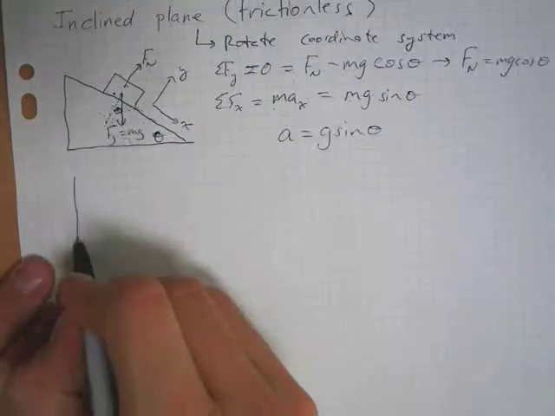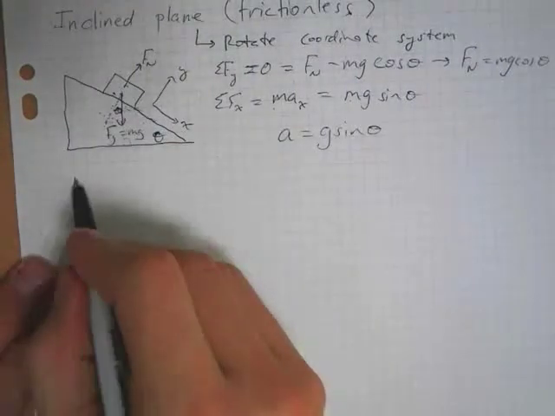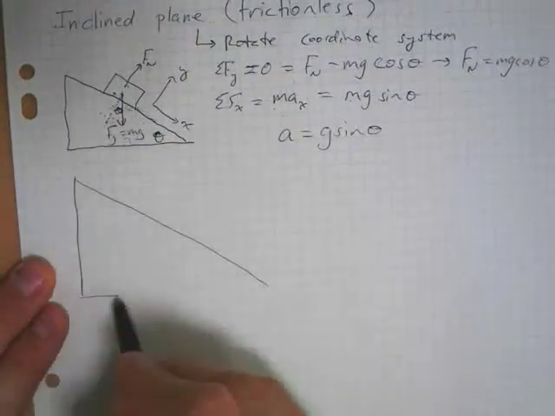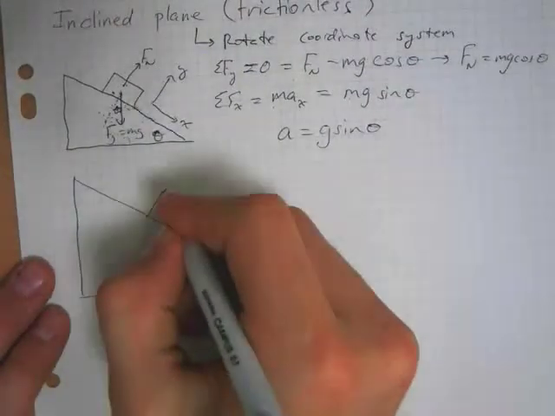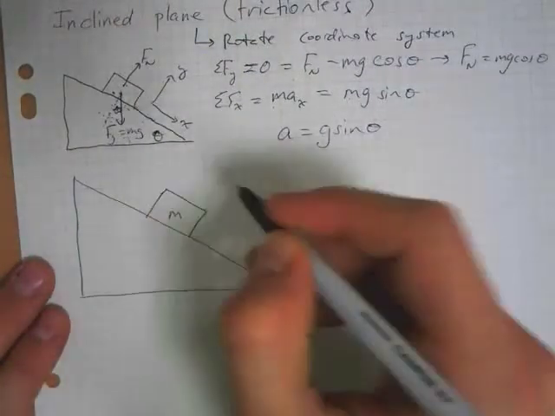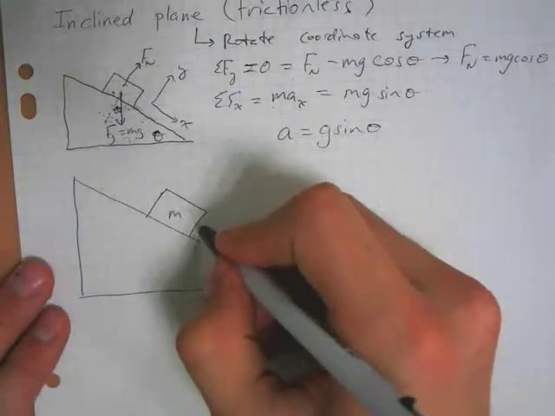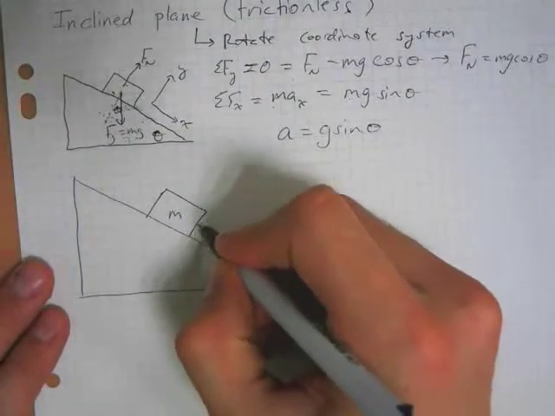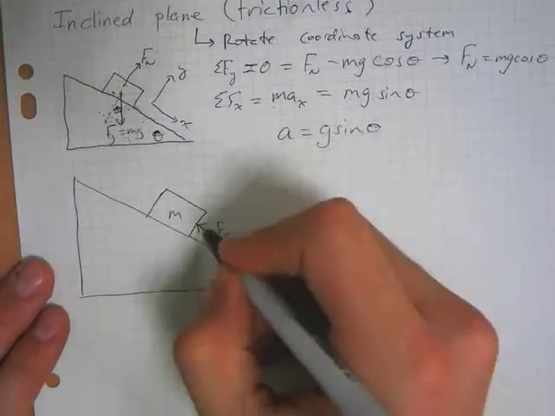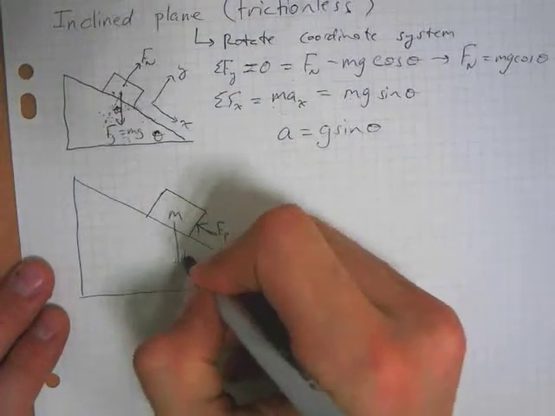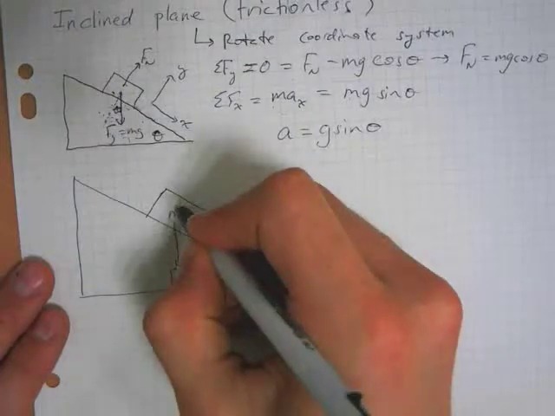We could also have an inclined plane where there's an additional force acting. So you've got a box, and let's say now in addition, this box is being pushed. There's a pushing force, there's the gravitational force, and there's a normal force.